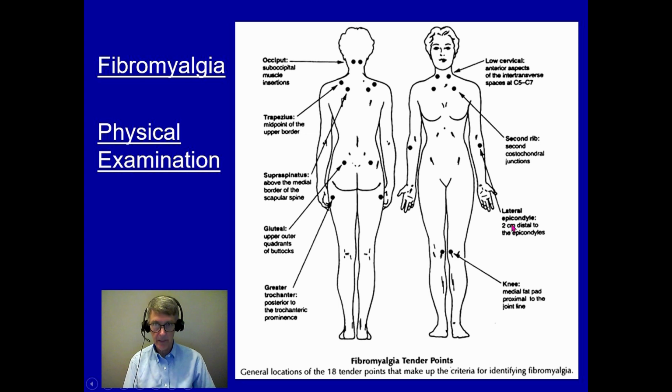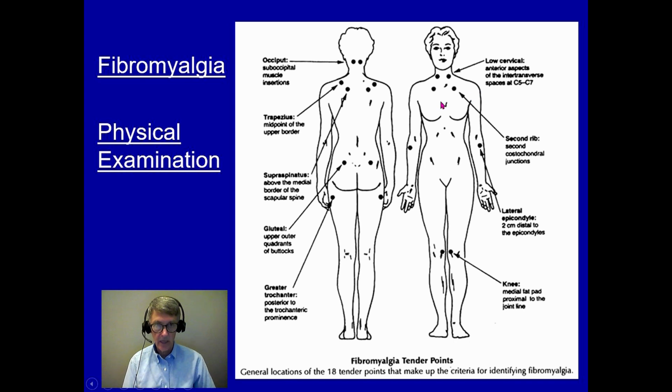In other words, they can have pain in other locations, but the classic locations are the occiput or the back of the head, the trapezius, along the medial scapular border, the supraspinatus, along the lower back or iliac crest, the gluteal areas, over the greater trochanter. A lot of times there's tenderness anteriorly in the muscles of the neck.